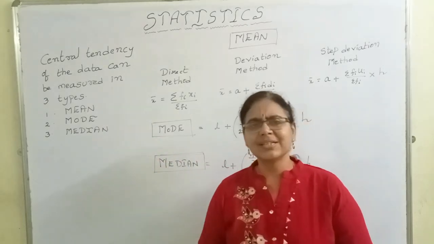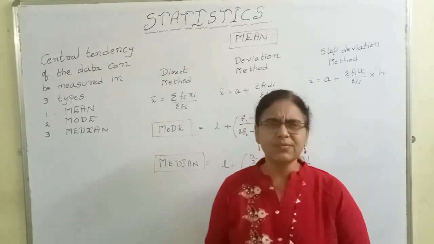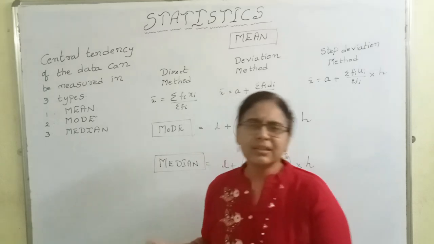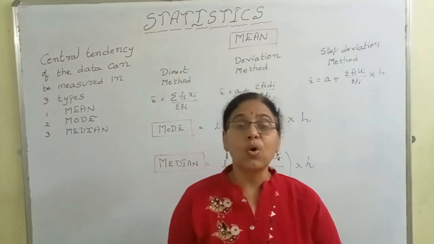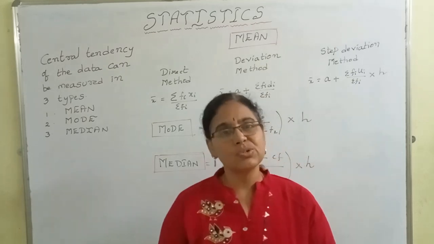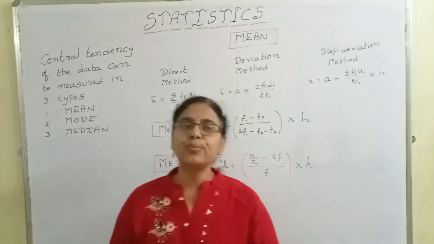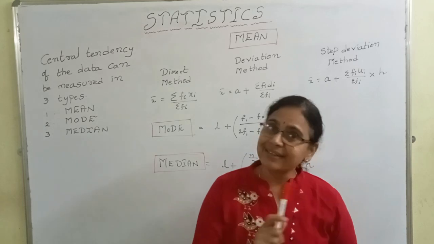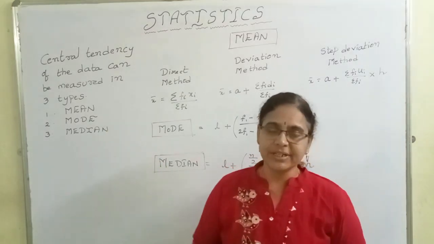Up to lower classes you learned the representation of data in many ways, like pictographs and bar graphs. When numbers are given, how can we represent the data? That you learned. Numerical representation of ungrouped data gives the central tendencies: mean, mode and median.